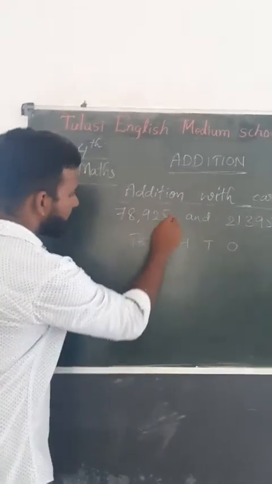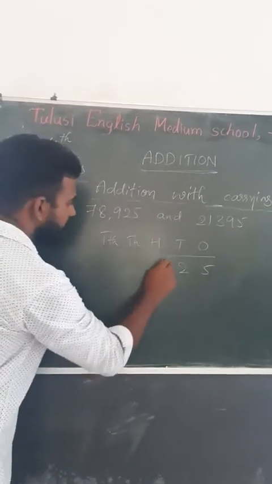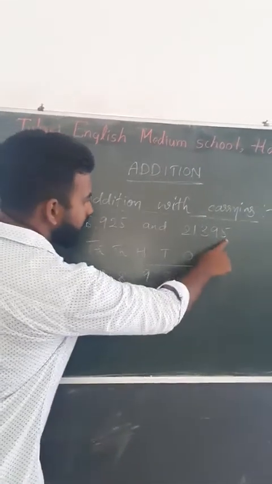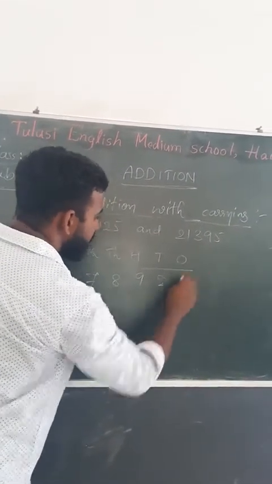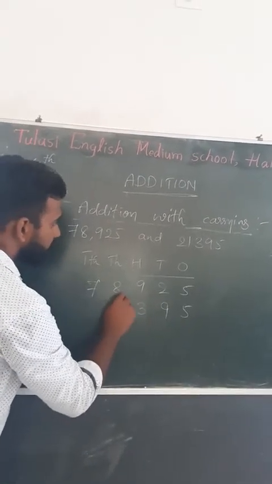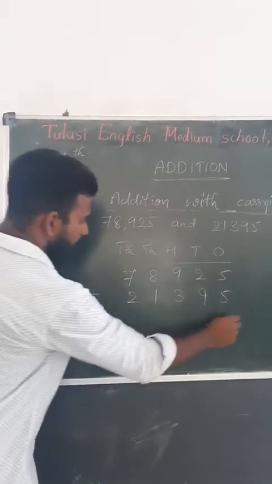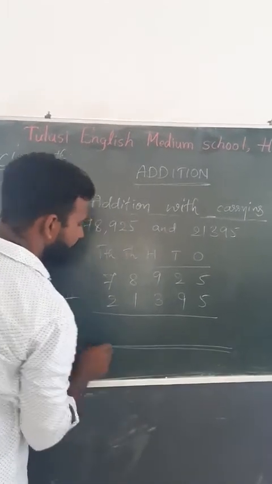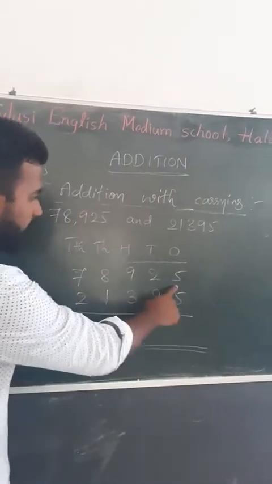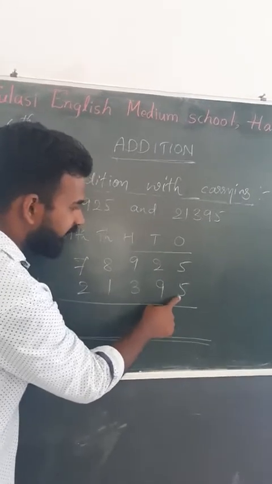So in the first number, ones place 5, tens 2, hundreds 9, thousands 8, 10,000s 7. In the second, ones place 5, tens 9, hundreds 3, thousands 1, 10,000s 2. Addition, with carrying. 5 ones plus 5 ones. 5 plus 5, 10 ones.